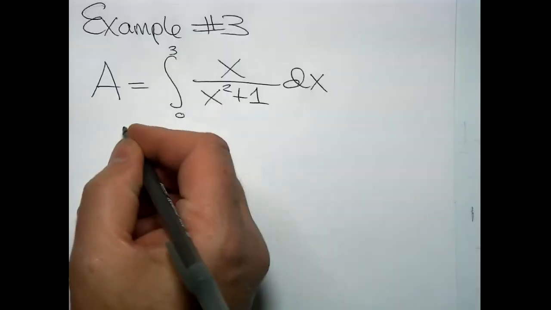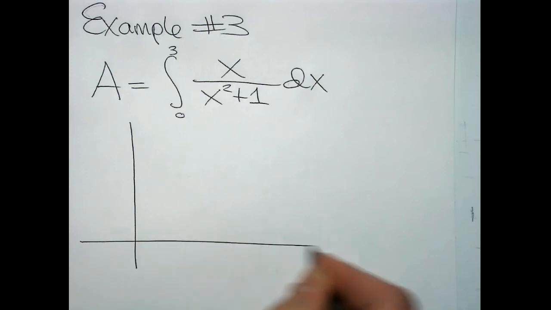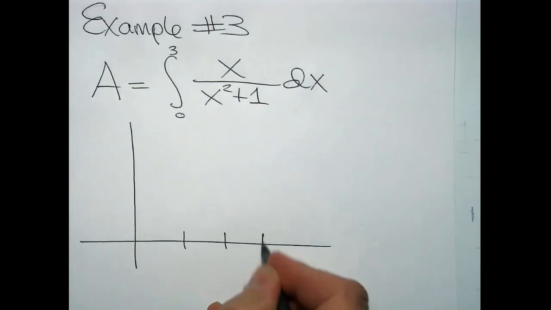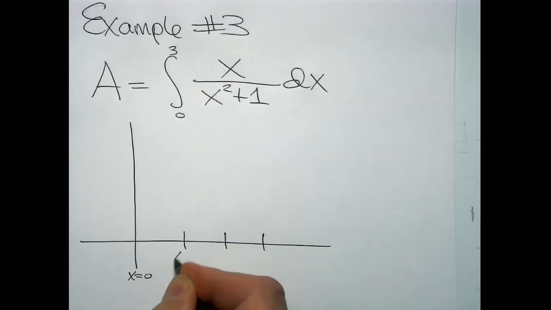Well, first let me graph this, and then I think the first thing we should do is probably just get a rough guess as to what you think the area is using the graph. So let's actually look down here at 1, 2, and 3 for x.